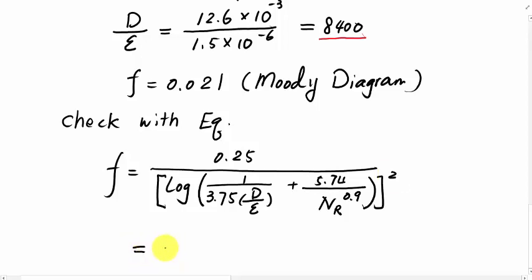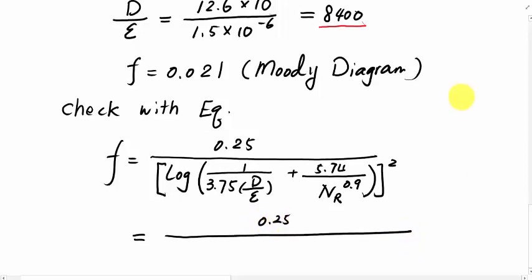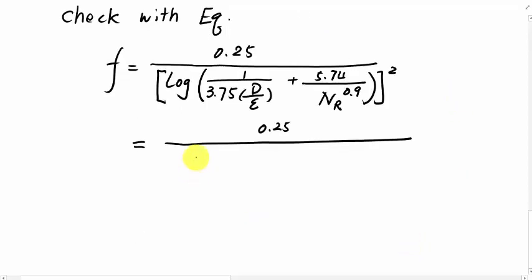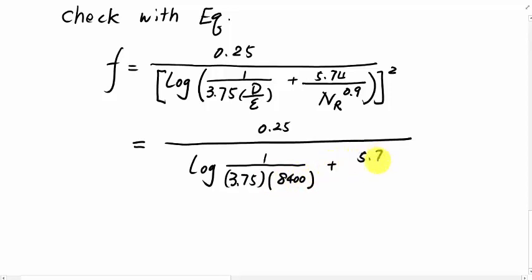Now let's plug in the numbers. We have 0.25, and then this is log of 1 over 3.75 times 8,400 plus 5.74 over Reynolds number 56,716 to the power of 0.9.